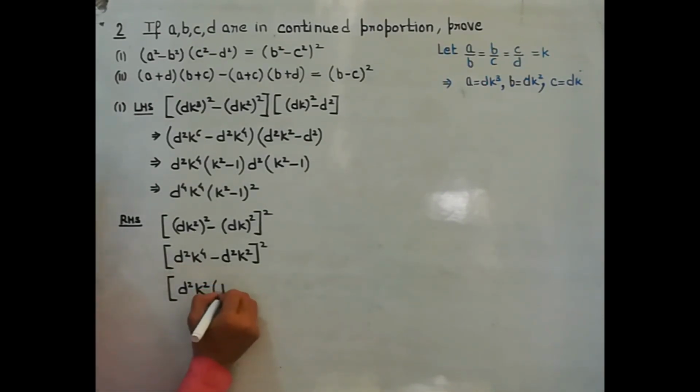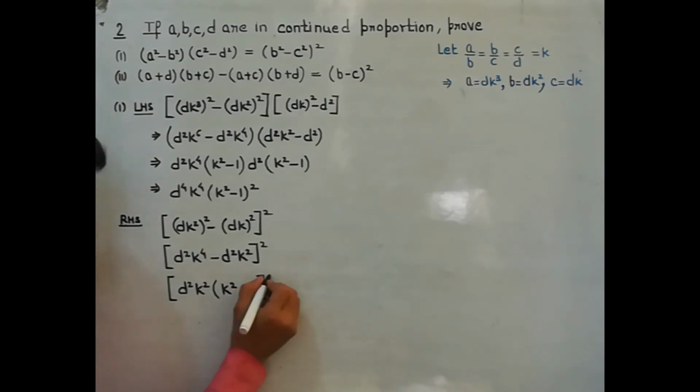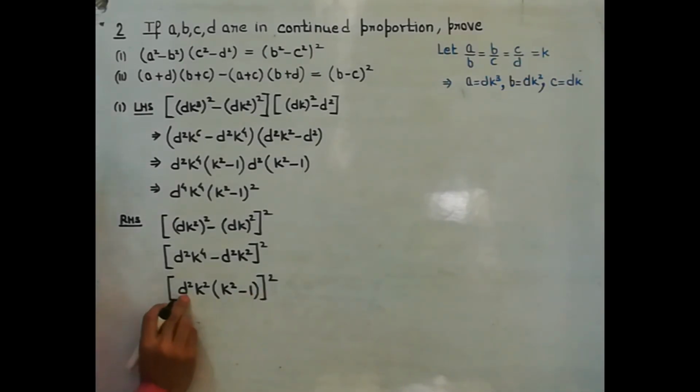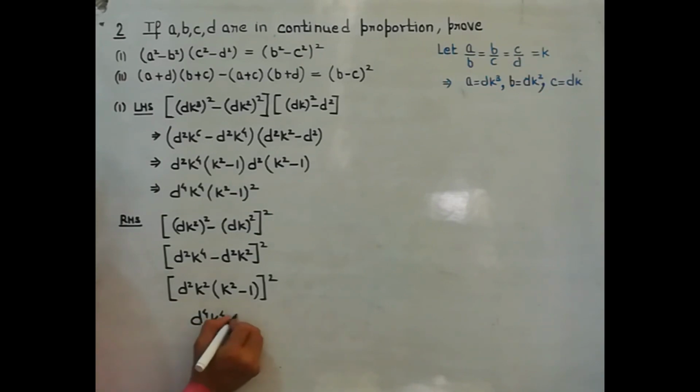So you are left with k square minus 1. Now when you do the whole square, d square when squared becomes d raised to power of 4, k square when squared becomes k raised to power of 4, and you have to put square of this bracket.